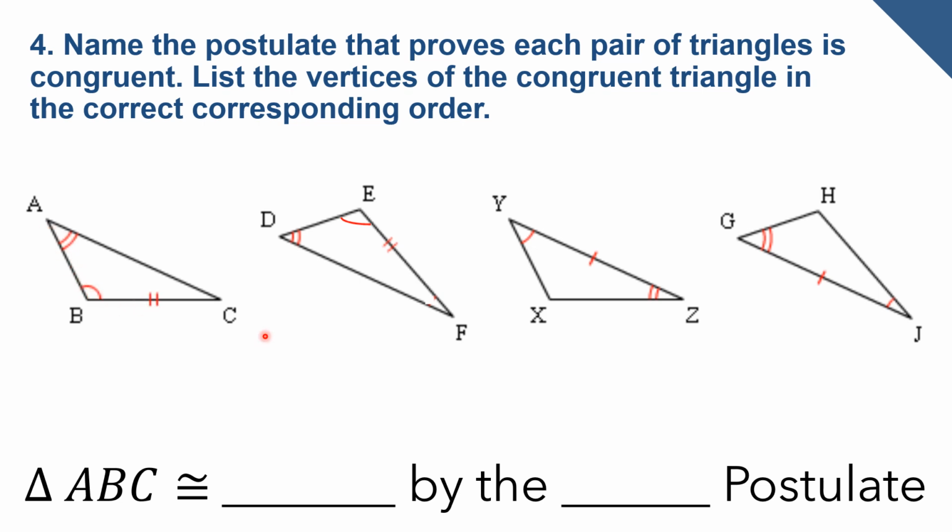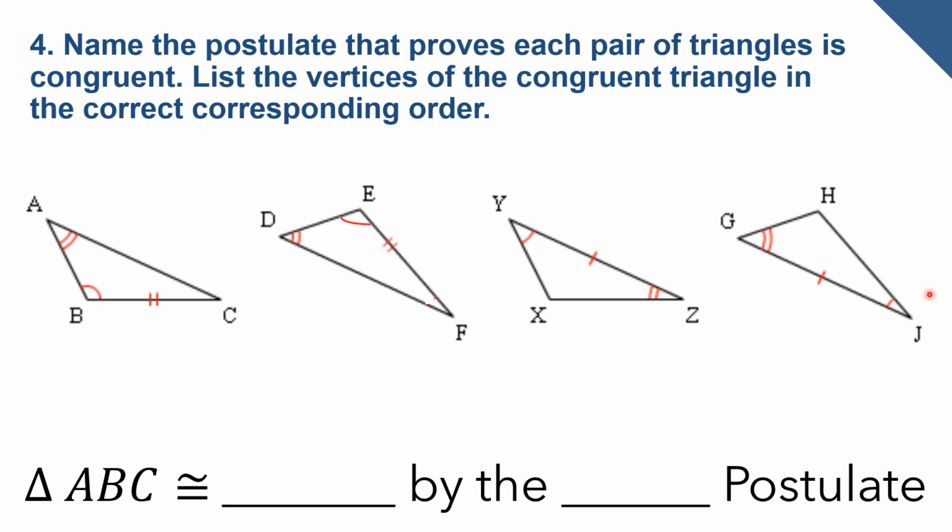Angle, angle, side. So now we've got to look at these other 3 options and say, which one of these is angle, angle, side? Looking at the second triangle, we have 2 angles and a non-included side. So angle, angle, side. We've got a contender here. Next one, the third triangle, angle, side, angle.